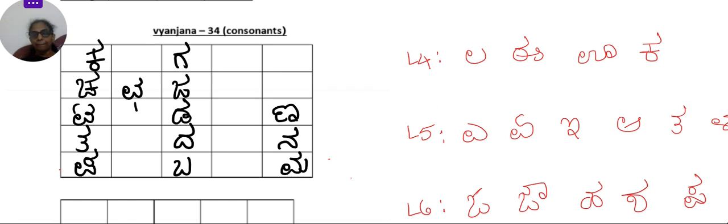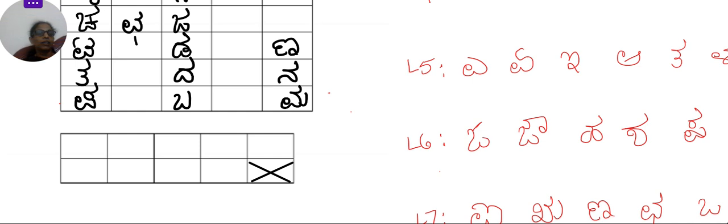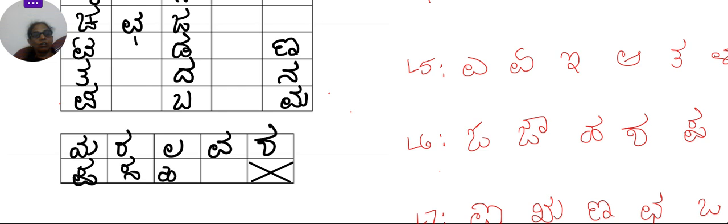Then ya, ra, la, va, sha, sha, sa, ha, la. We have seen all these alphabets till lesson 7.